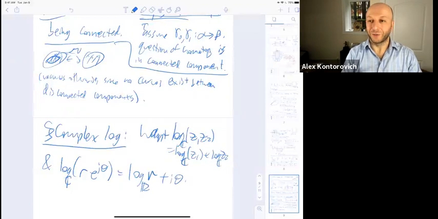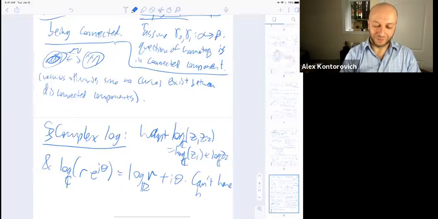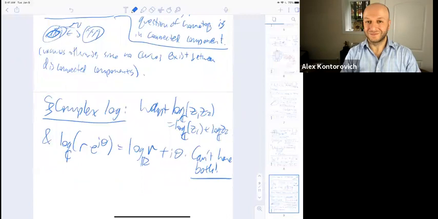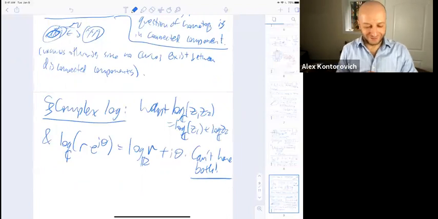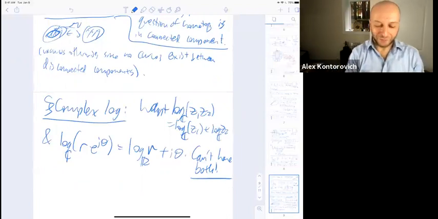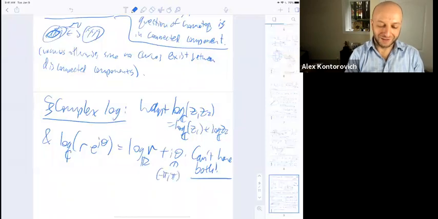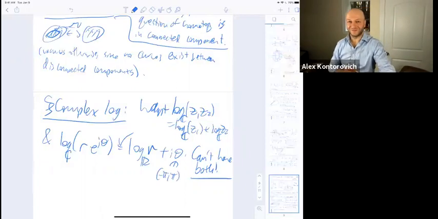And you can't have both. Well, in a sense, you sort of can't have either. Well, okay, if we restrict theta to minus pi to pi, then you can have this. Okay, so let's talk about that.